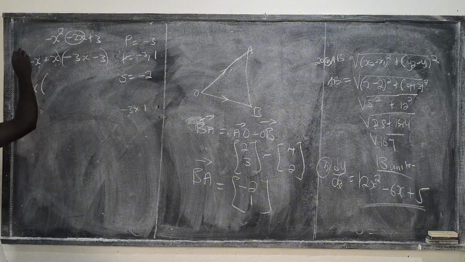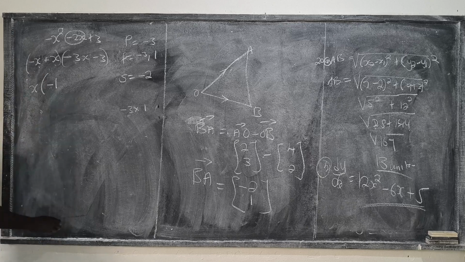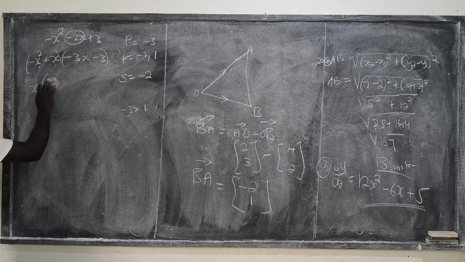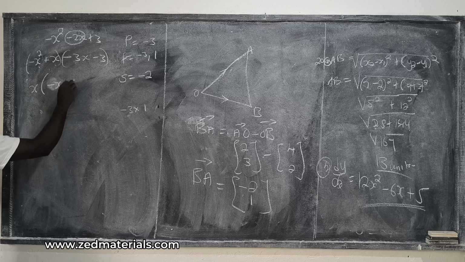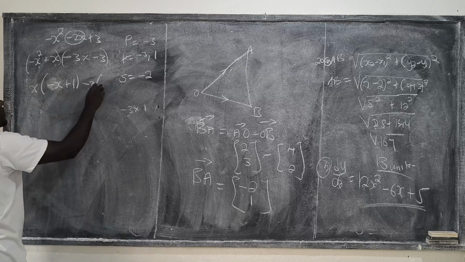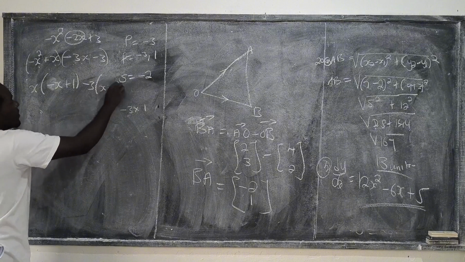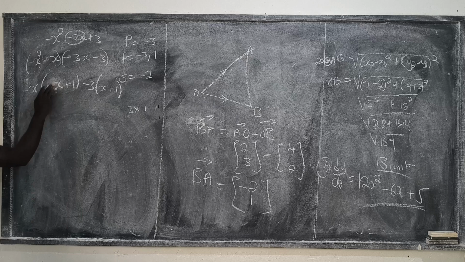X into negative x, that is negative x squared. So you're going to have negative x plus 1, close. What is common here? It is negative 3. Open the bracket. So you're going to have x plus 1, close. Factorize them to be common. So this and this, they are the same.